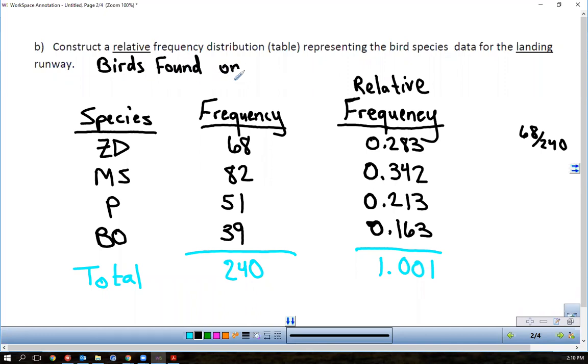That's what you were asking, right? The title? Okay. Good catch. I totally forgot. Birds found on landing runway. Good. Okay.